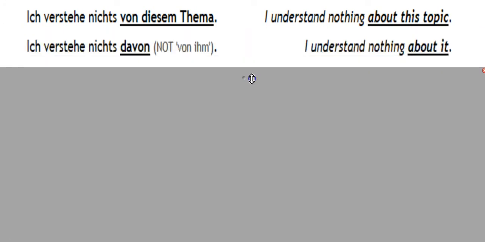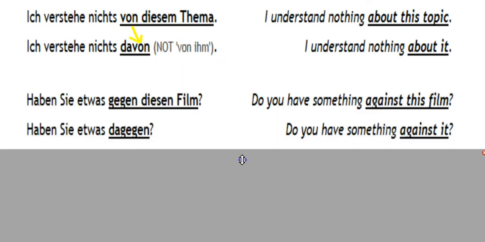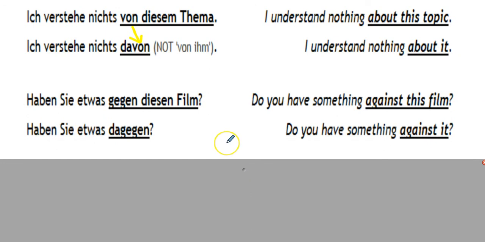Just a few more to take a look at. Ich verstehe nichts von diesem Thema. Von. Ich verstehe nichts davon. So you take the preposition and then put da in front of it. No buffer R needed. Haben Sie etwas gegen diesen Film? Do you have something against this film? Haben Sie etwas dagegen?